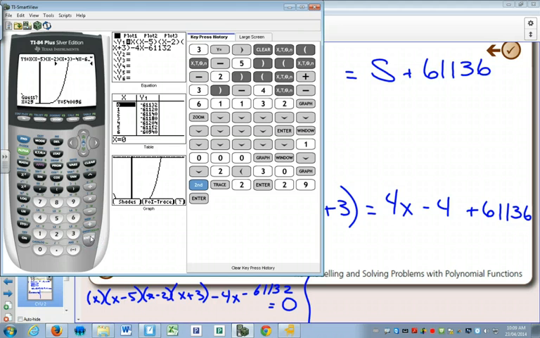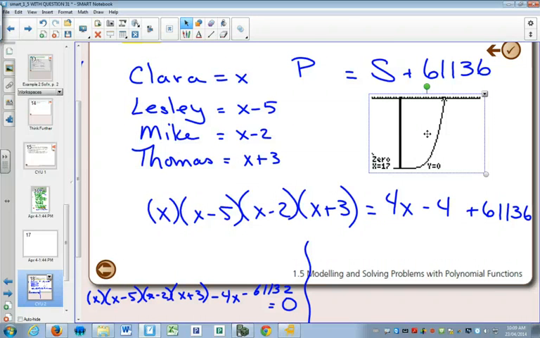It can save you some time instead of hitting the over button forever. Push enter, and x is equal to 17. So now we know Clara is 17, Leslie's 12, Mike is 15, and Thomas is 20.